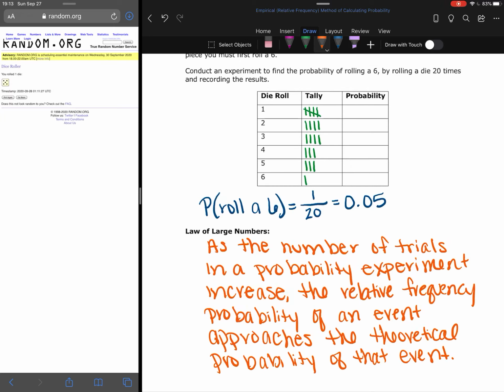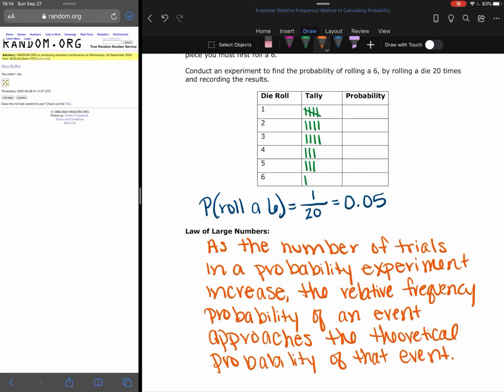Let me reread it first. As the number of trials in a probability experiment increase, the relative frequency probability of an event approaches the theoretical probability of that event.